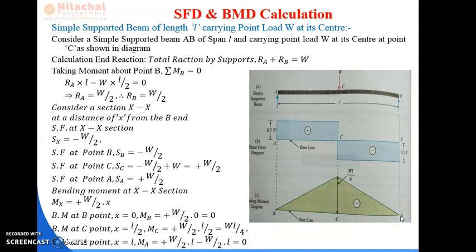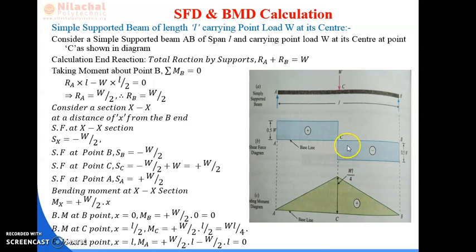Now, first of all, the value of the bending moment varies linearly from B point to the C point, and again decreases its value from C point to the A point. In this way, a triangle is obtained in the bending moment diagram.